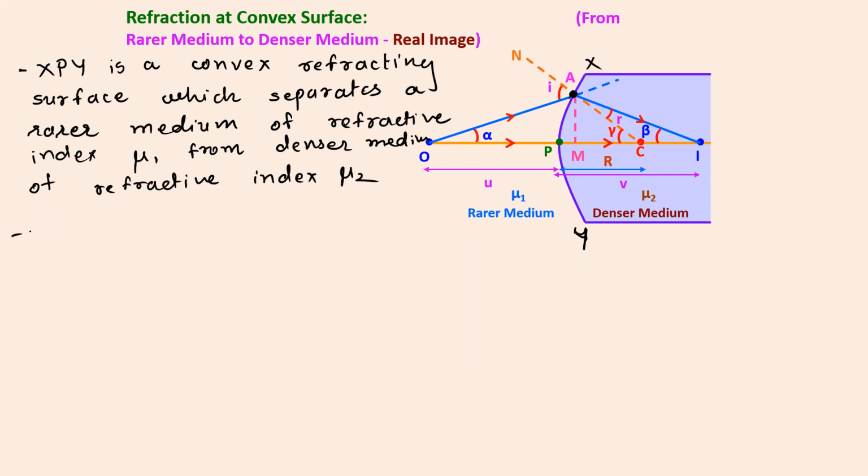So here we can see that there is a surface XPY which is going to separate rarer medium and denser medium, which are having mu1 and mu2 refractive indices, right?